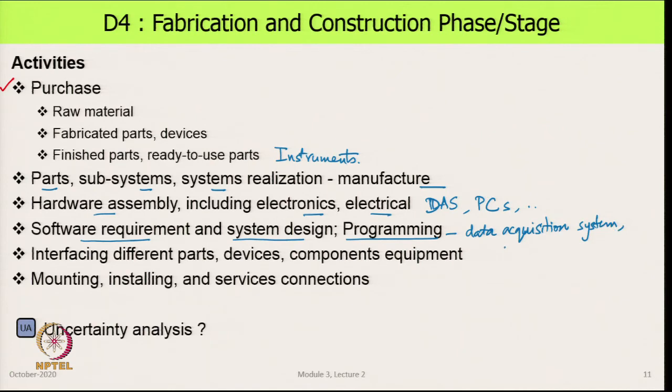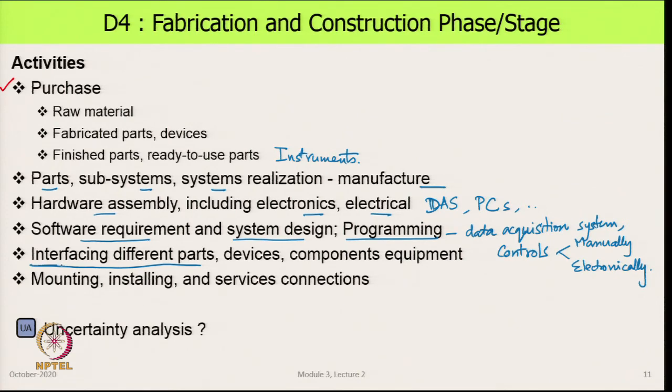This could also include some controls which may be done either manually and also electronically. The next, having got all the things together, the next big challenge is interfacing different parts, devices and components together.